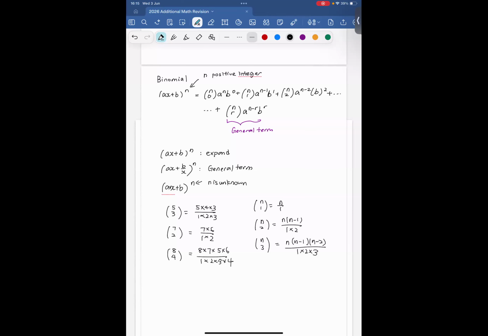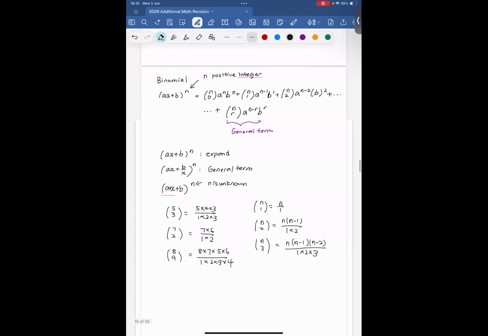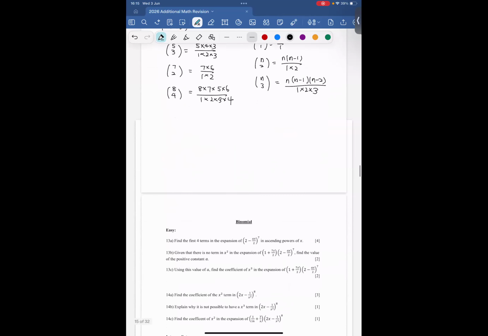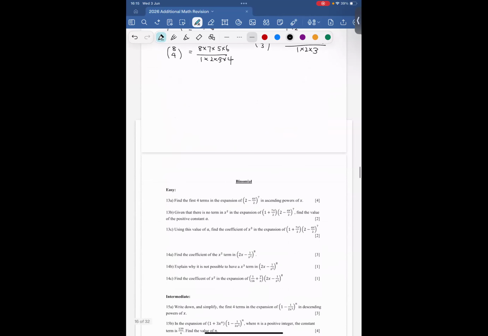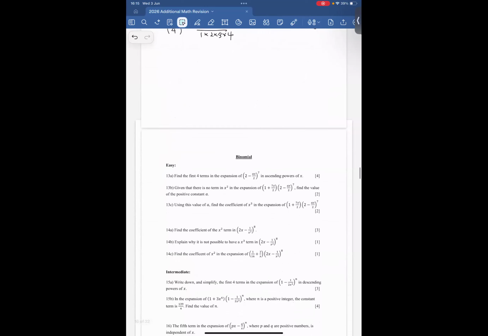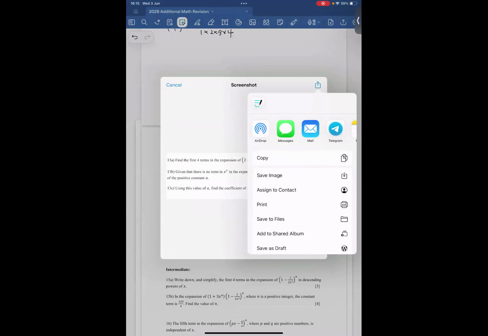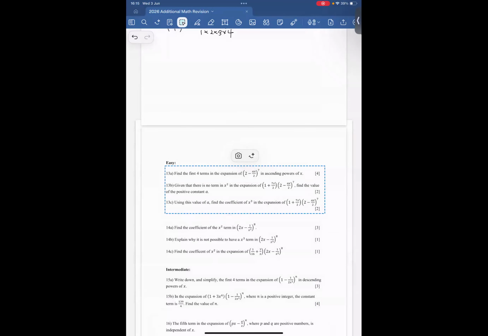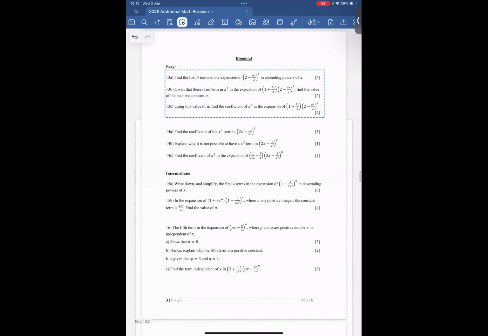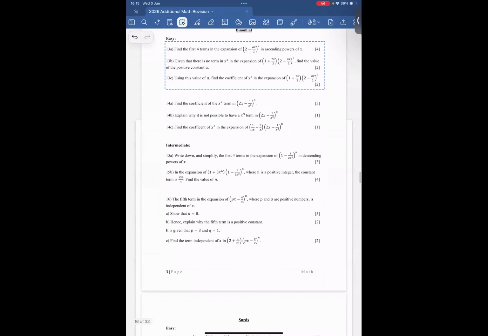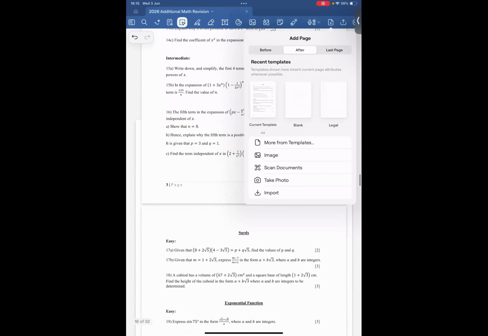Okay, so let's take a look at a few questions. I will print the hard copy for you when I see you on Saturday and Sunday, unless you all don't need.